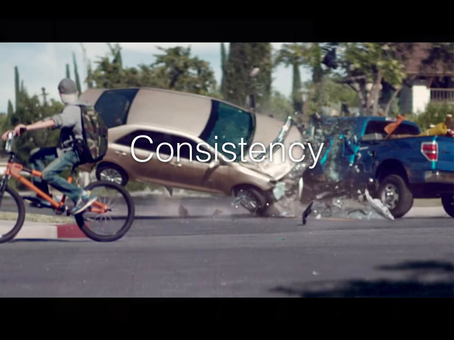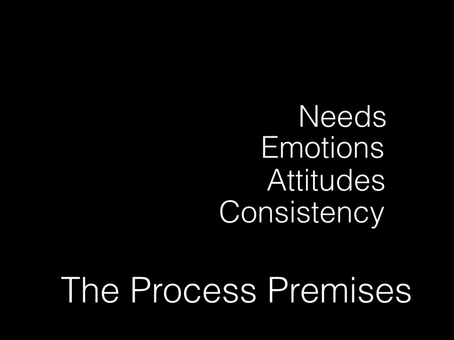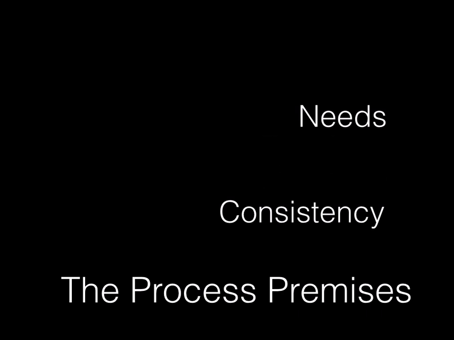The fourth process premise is this idea of consistency, or what I call certainty. We don't like our routines disrupted, and we will do much to make sure that disruption doesn't happen. And there are those purveyors out there, or maybe even predators, who will take advantage of our need for certainty. So those ideas: needs, emotions, attitudes, consistency, the four process premises.